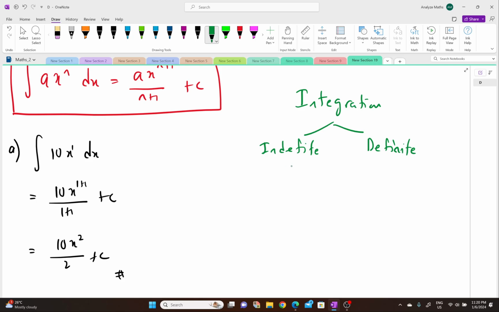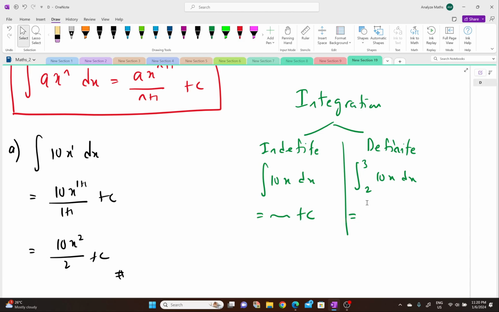Indefinite integration is the one where you add c. For a definite integration, you don't add c. Indefinite integration is where you do this and get some expression, and you add c. For definite integration, you will have numbers here, like 3 and 2, and I will teach you later how to get this.